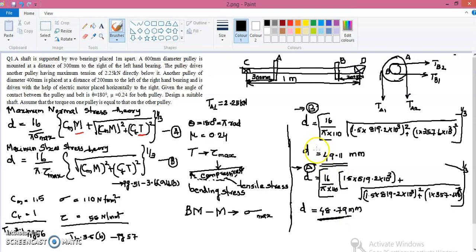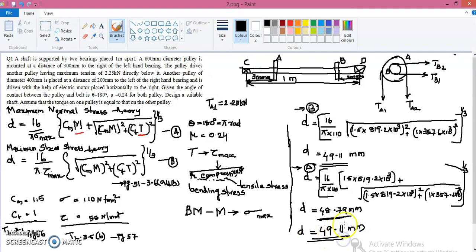So when we use the maximum shear stress theory, we are getting the diameter of the shaft as 49.11 millimeter. When we use the normal stress theory, we are getting the diameter of the shaft as 48.79 millimeters. So always the greater value we have to choose. So we are choosing the diameter of the shaft as 49.11 millimeter.